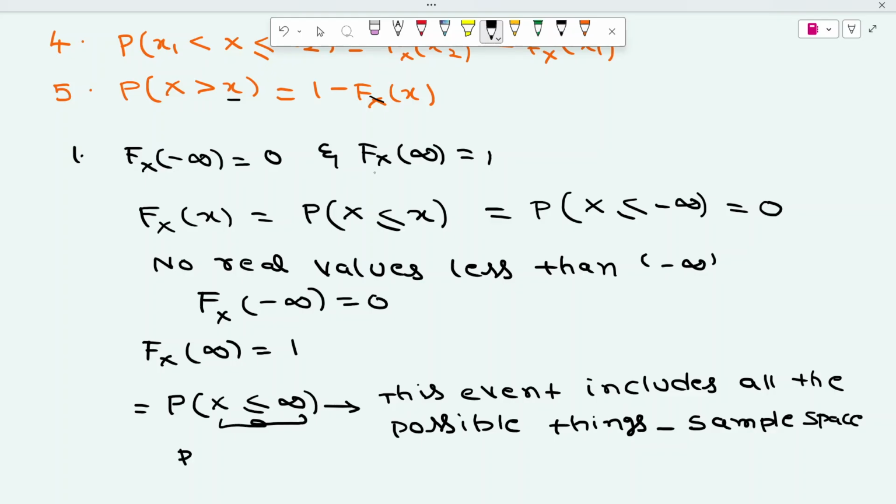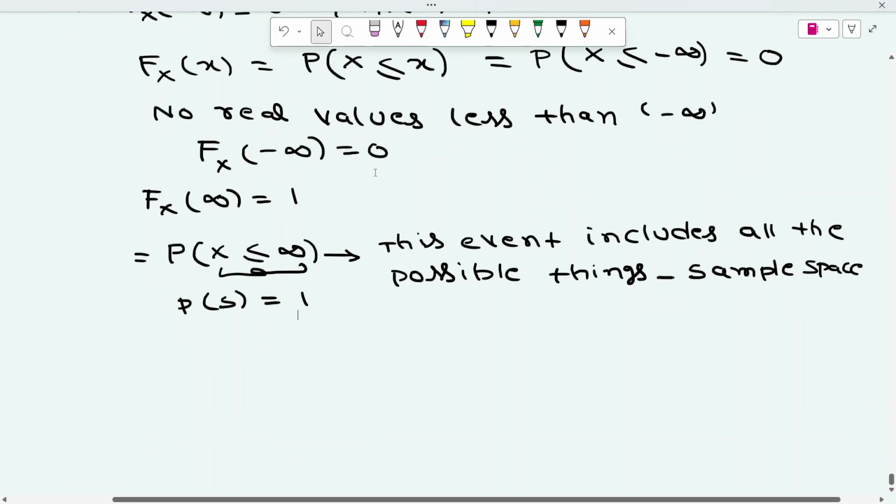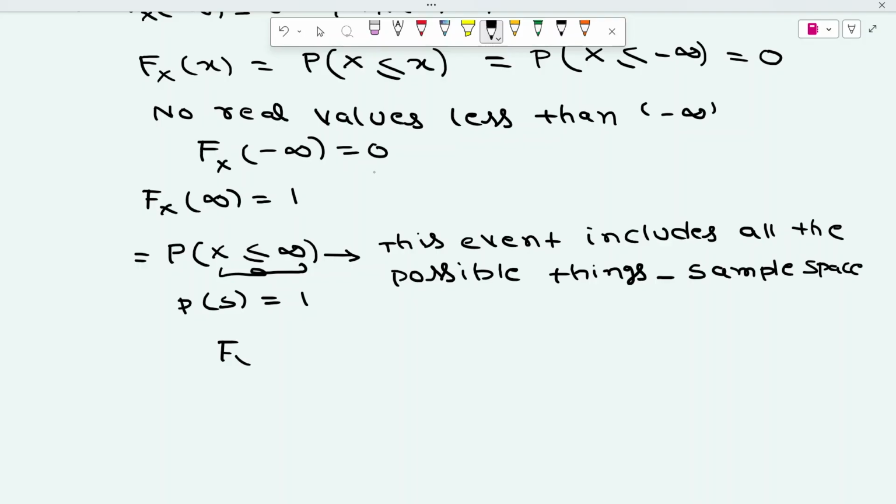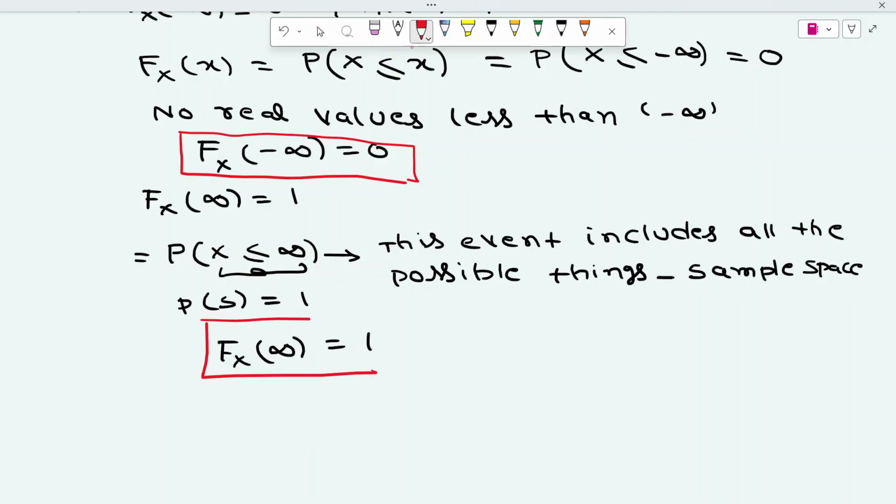If we take the probability of the sample space, that is equal to 1. That is why Fx(infinity) is 1. So this is the proof of the first property: Fx(minus infinity) is 0 and Fx(infinity) is 1.